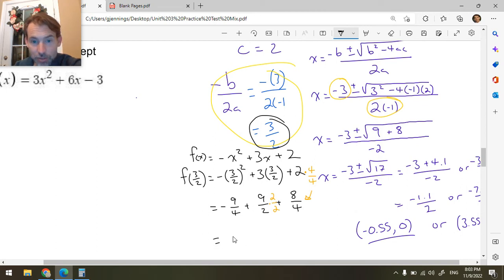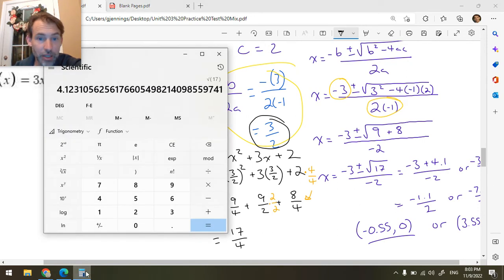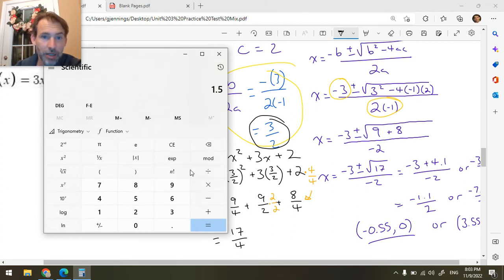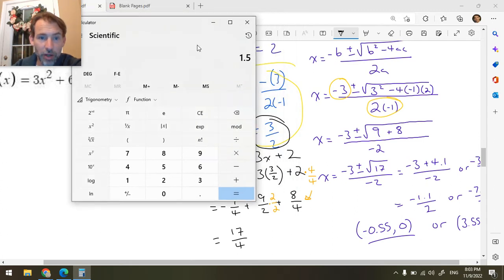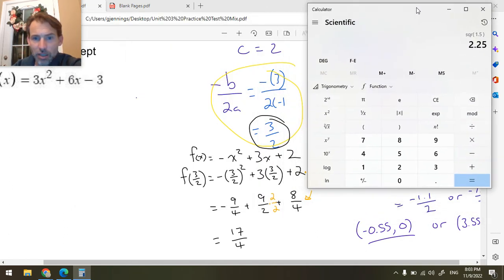So this equals 17 over 4. And maybe you don't believe me. So this is what you would do. You would say 3 over 2 is 1.5. And you're going to just do this on a calculator. You're going to go 1.5 squared. That's our first one. Where can I put the calculator so you can see this?